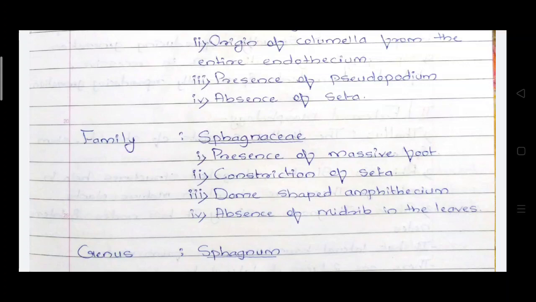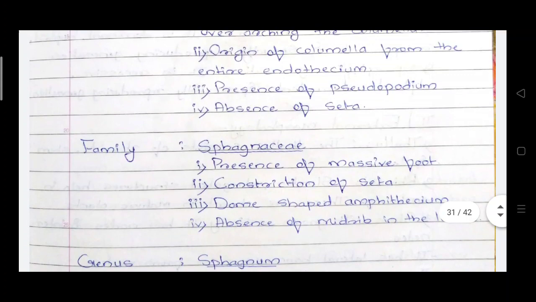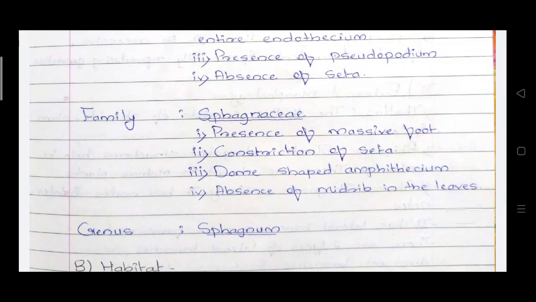So in the sporophytic body, a massive foot part is present, and the seta is absent. The sporophytic body is differentiated only into foot and capsule.